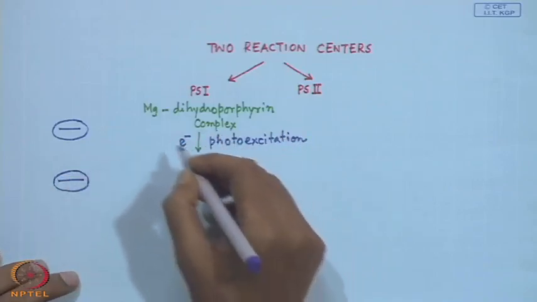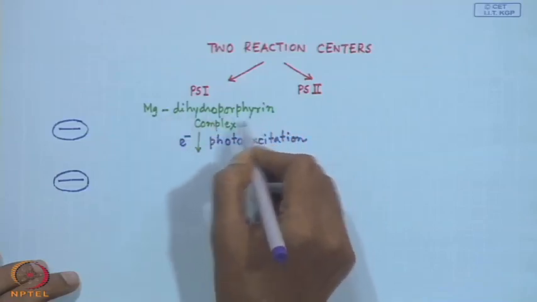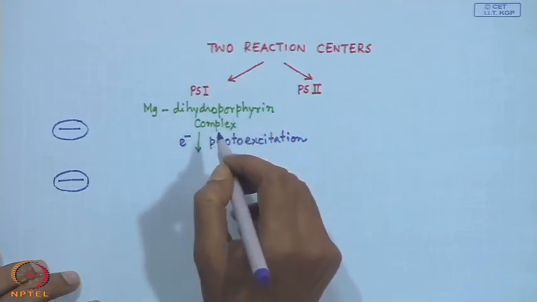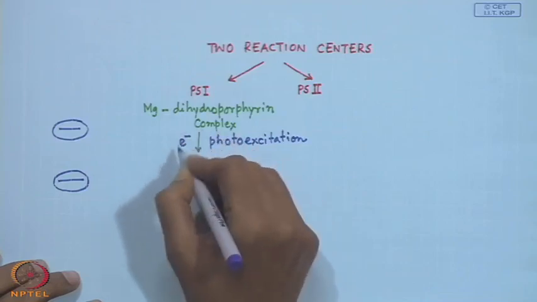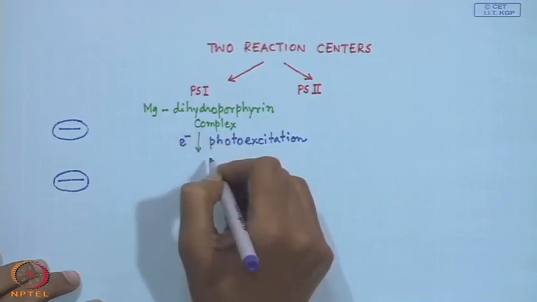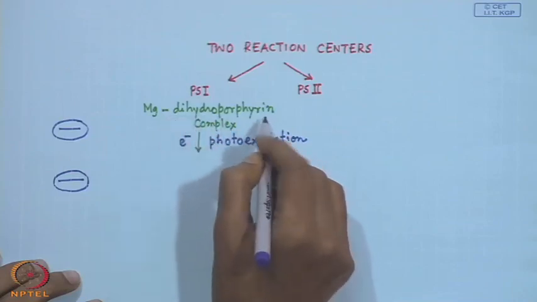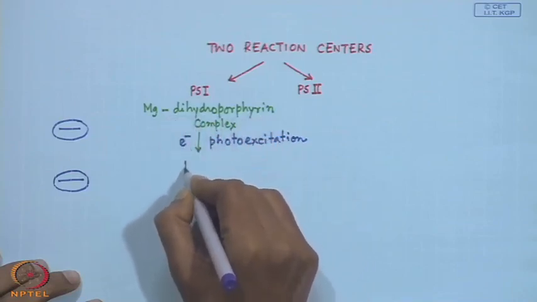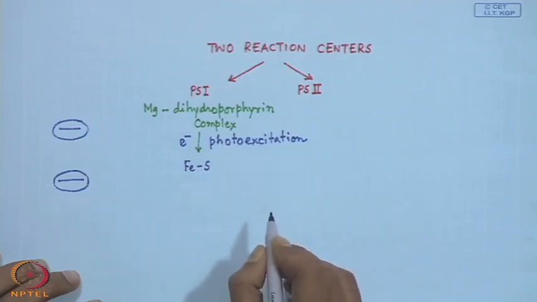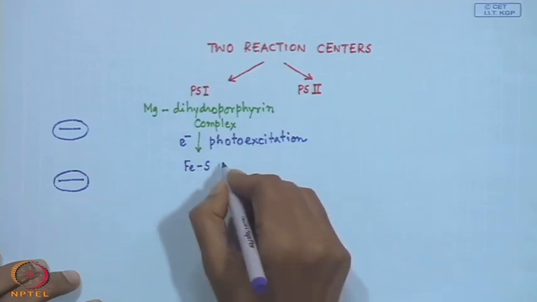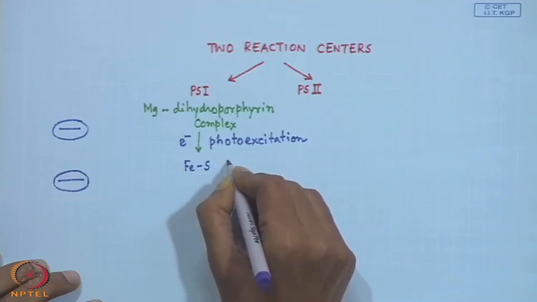So, this magnesium dihydroporphyrin complex, if it is not easy to reduce in the ground state, during photoexcitation it can be reduced, and in the excited form it can transfer an electron to another species, the ferredoxin type of molecules.